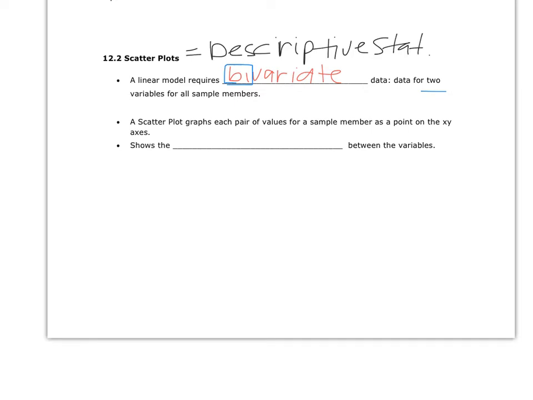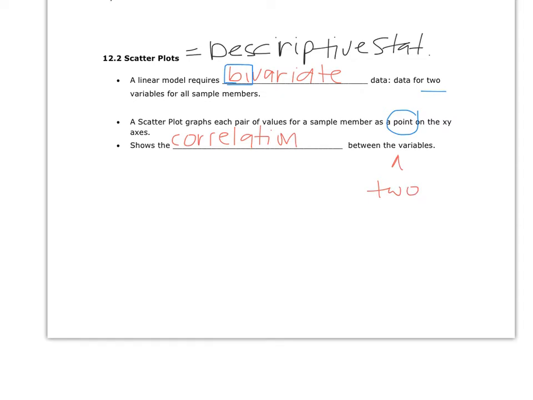And so what a scatter plot does is it graphs each pair of those values for a particular sample member as a point on the XY axis. And so this is going to show us what we call the correlation between the two variables.